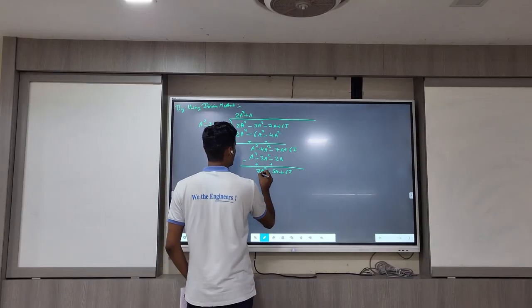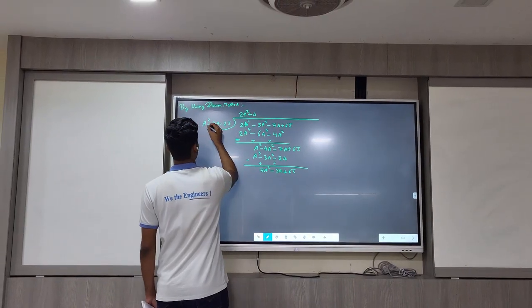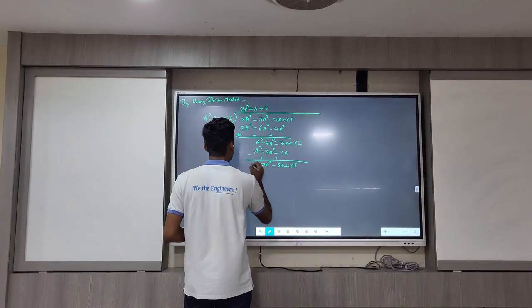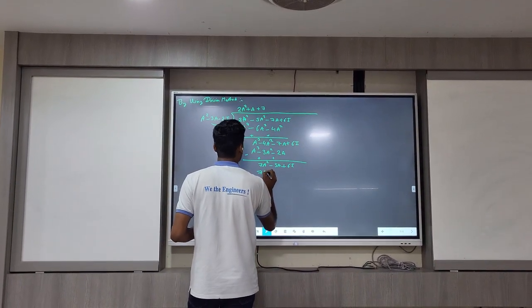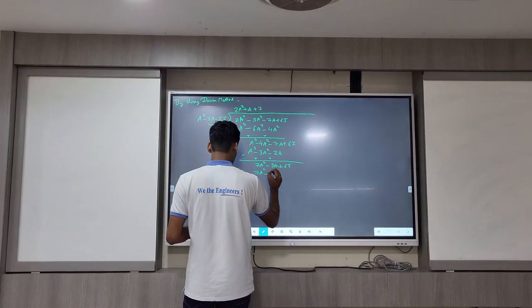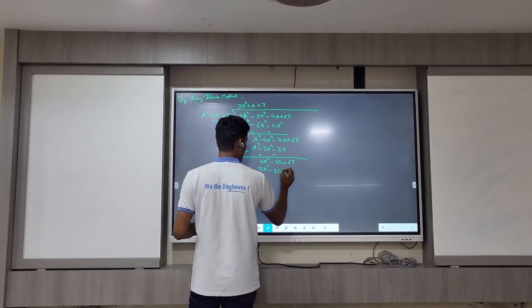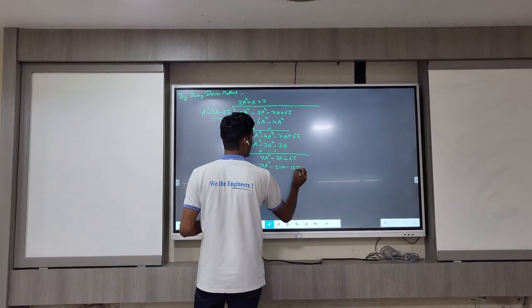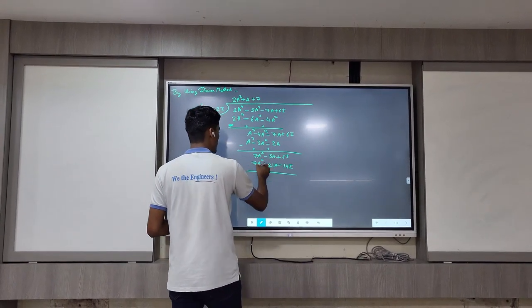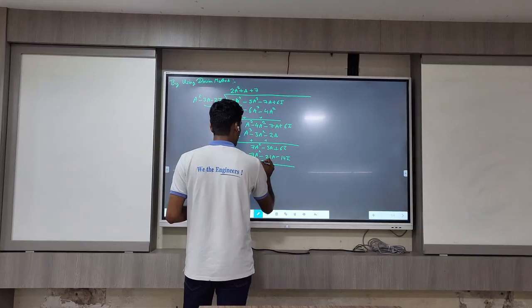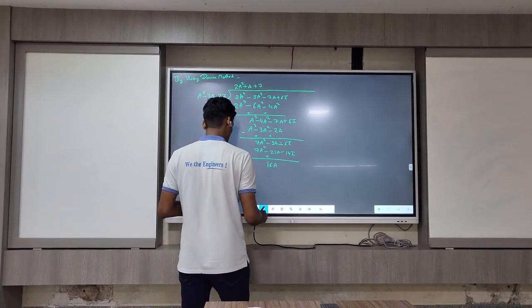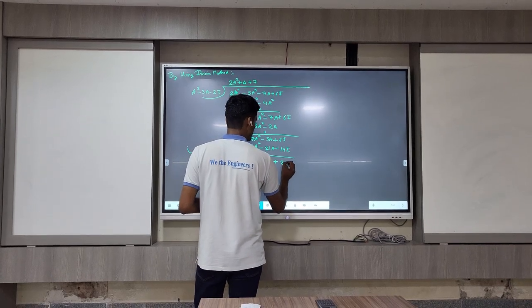Okay, so now there is 7A squared, and there is A squared here, so we will add 7. This becomes 7A squared minus 20A minus, again this gets cancelled, this becomes 16A and this becomes 20.